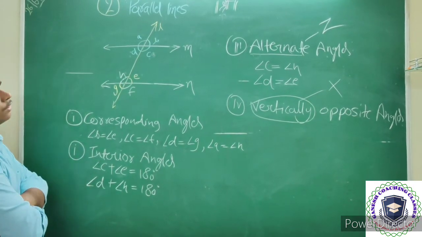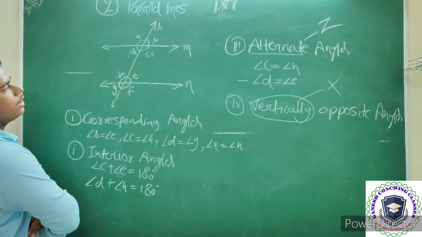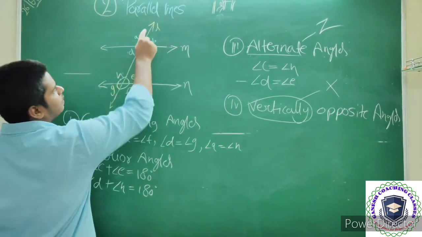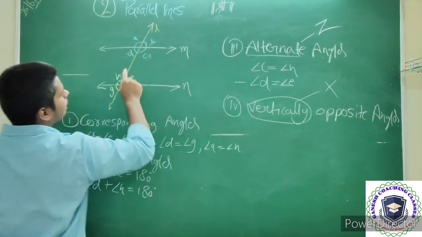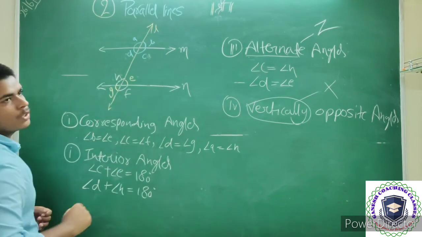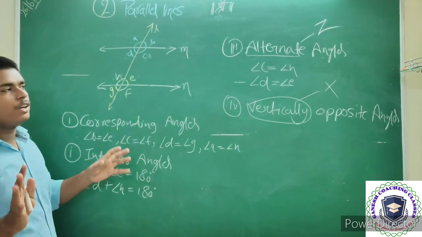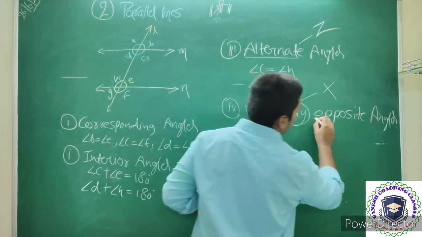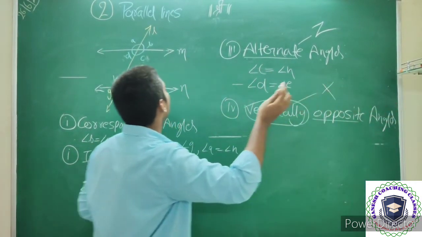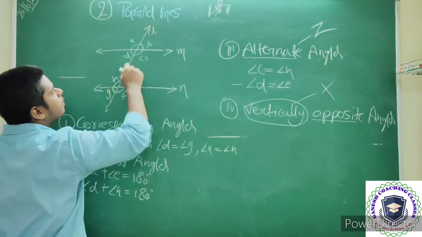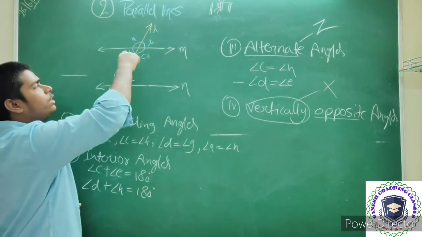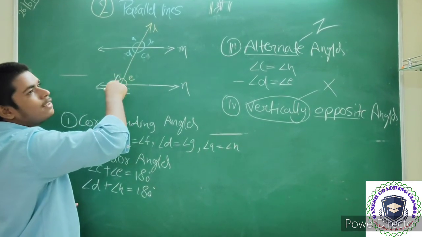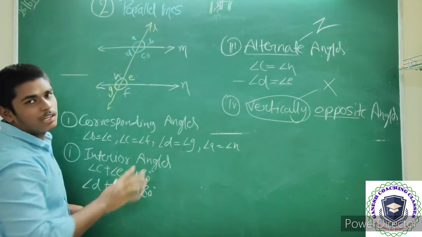Look into the figure: we are seeing 2 X. First one is this, and second one is this. Opposite means opposite side. Here we are getting 2 X, and all the 8 angles are included in the vertically opposite angles.